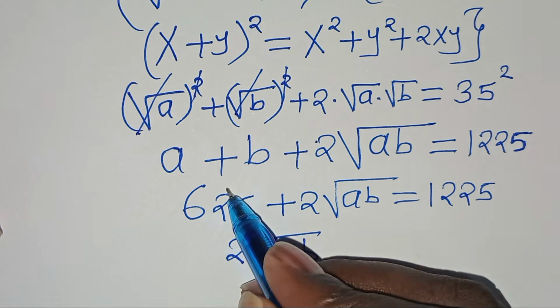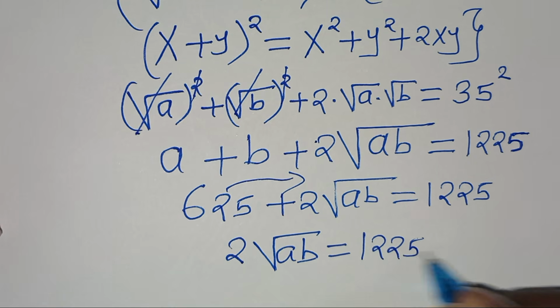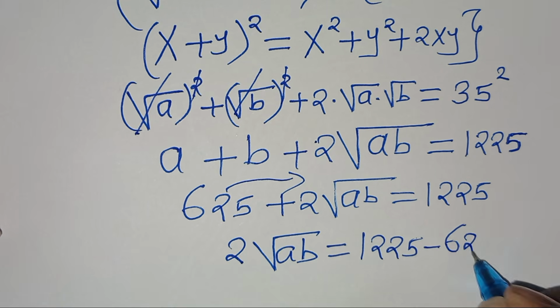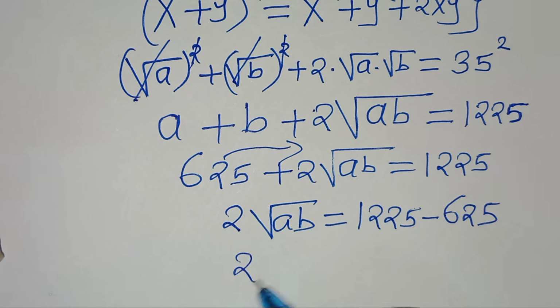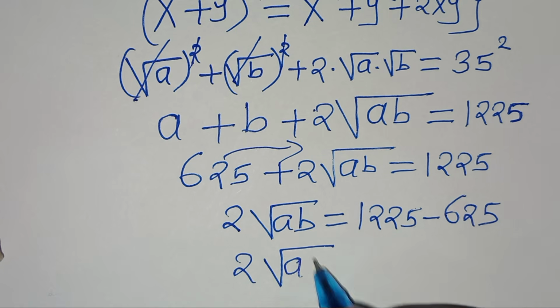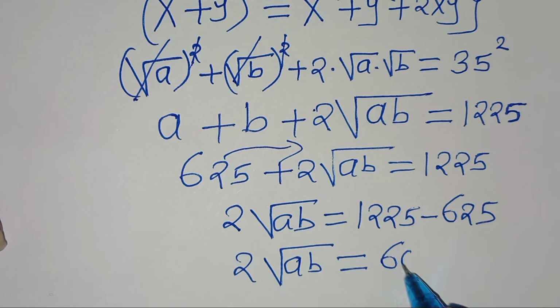Let's take 625 to the right hand side, so that we have 1225 minus 625. So this means we have 2 square root of a times b equal to 1225 minus 625, and this is equal to 600.